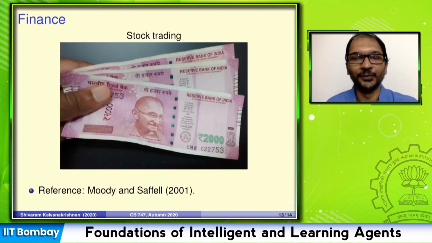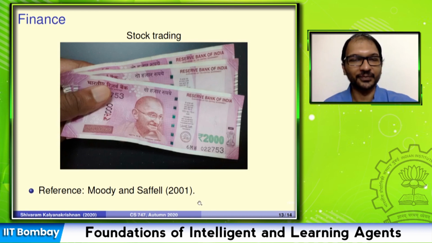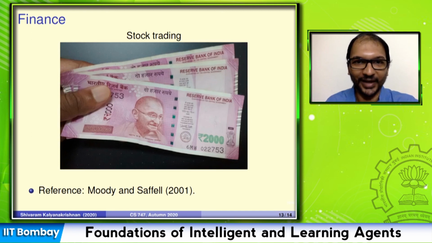Finance. There are various divisions even within finance in which reinforcement learning is applied. This again has to do with the fact that it's a dynamical system. One example is trading stocks. Do you buy or sell? Usually those are your two actions. You do that as a function of state. State being, has the stock price been going up or down?